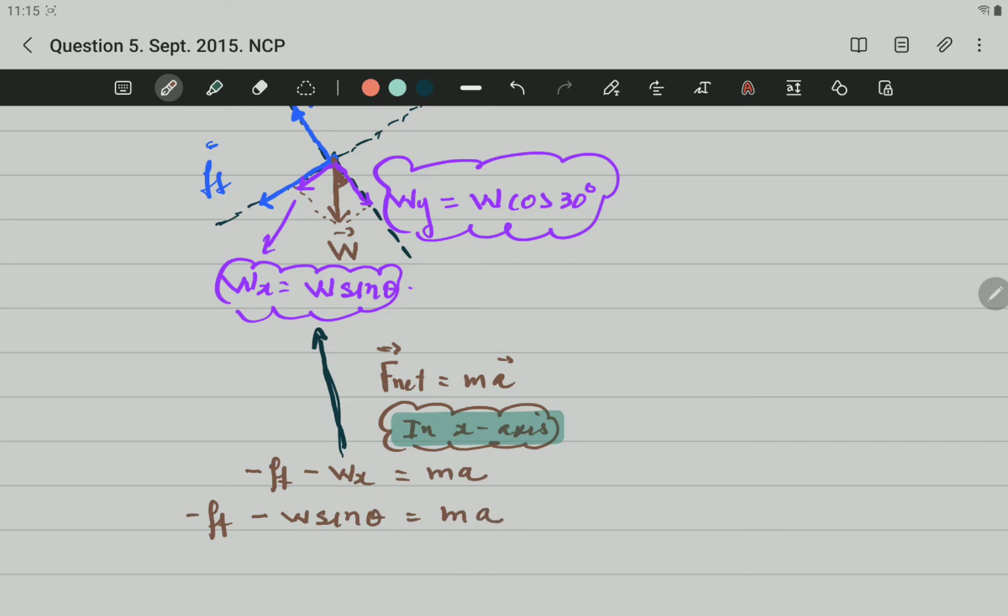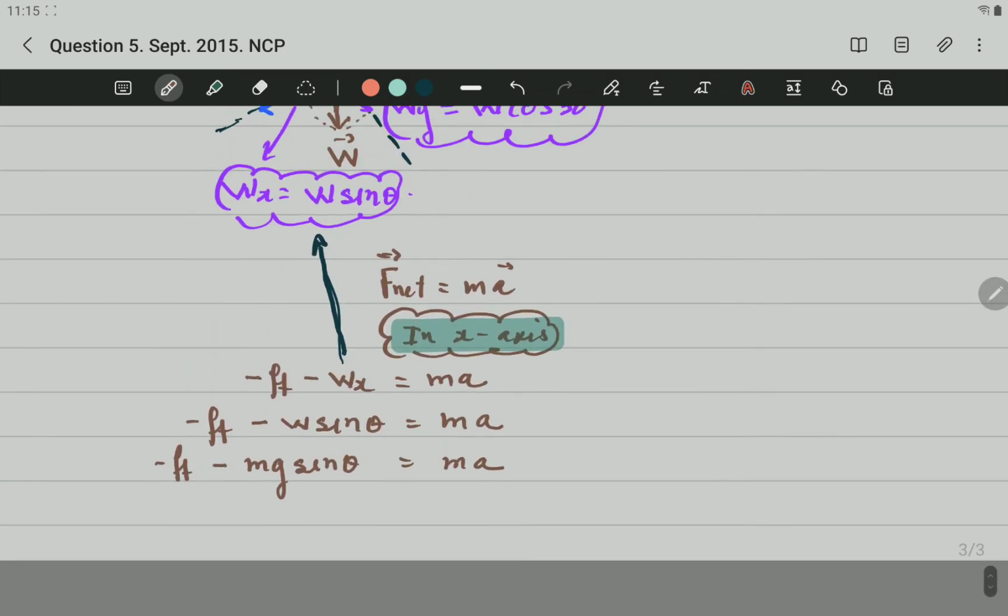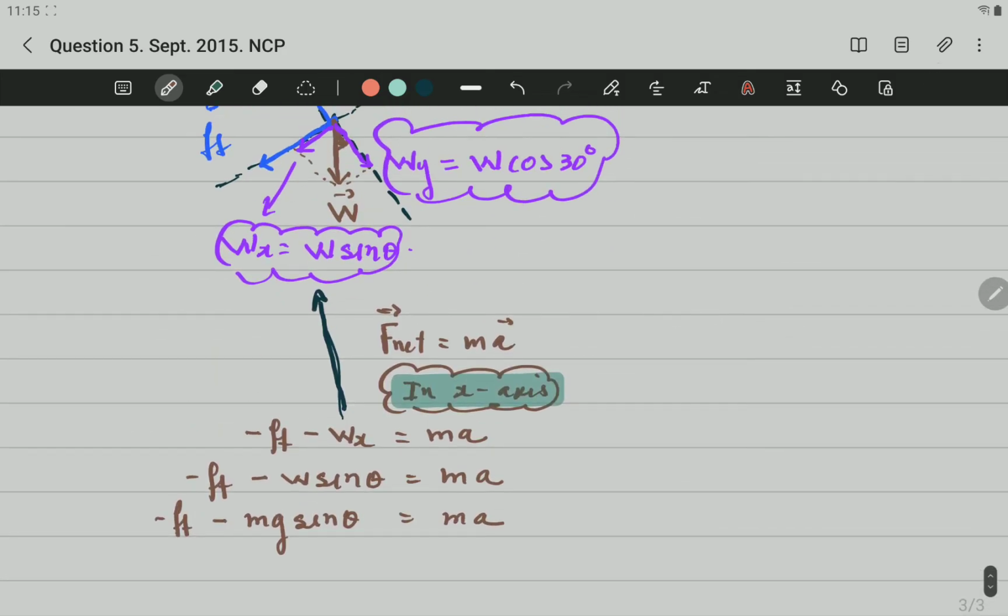Now weight, we can even go further and say that weight is equal to mass multiplied by acceleration due to gravity. So it's minus frictional force minus mass multiplied by acceleration due to gravity multiplied by sine of theta is equal to ma. Now we still don't have frictional force.